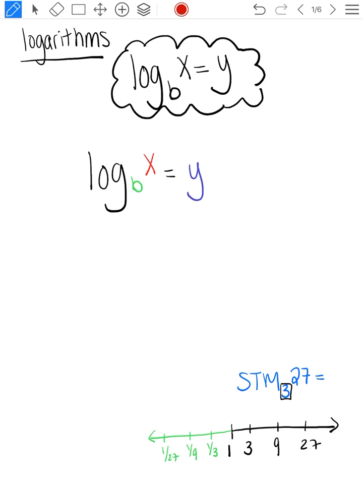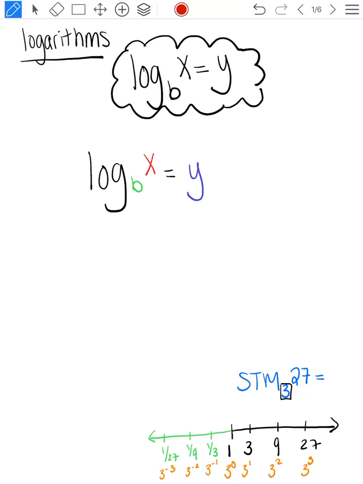To the left, we just have 1/3, 1/9, 1/27. We made lots of connections about how 3 to the 0 power would be 1, 3 to the first power would be 3, 3 to the second power would be 9, 3 to the third power would be 27. And same thing here, this would just be 3 to the -1, -2, -3.